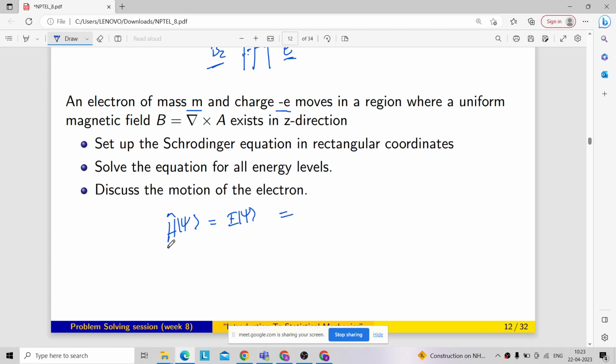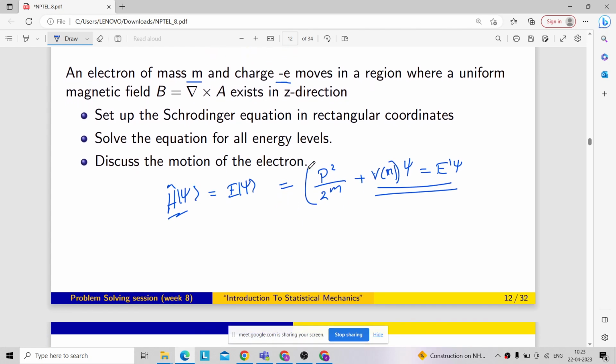And this H form is P square over 2m plus potential V of r, psi is E psi, right? So this P is the total momentum of the particle and V is the potential.